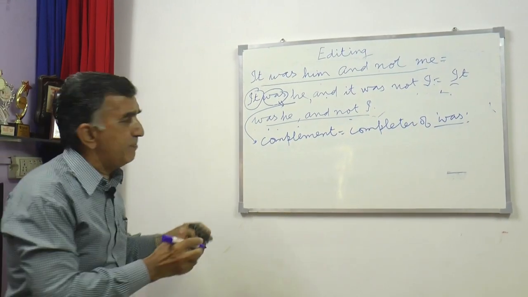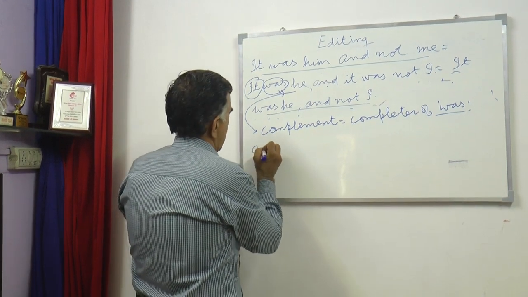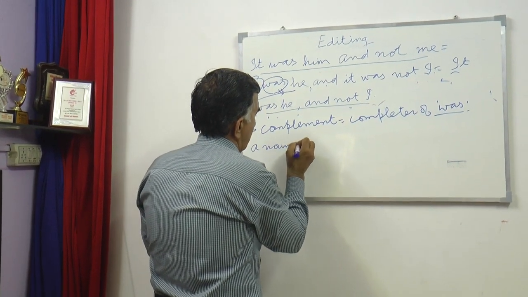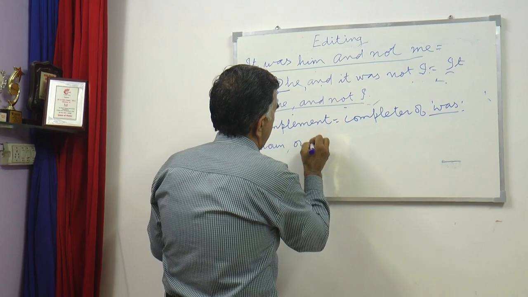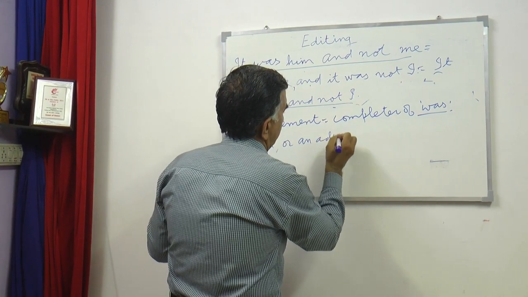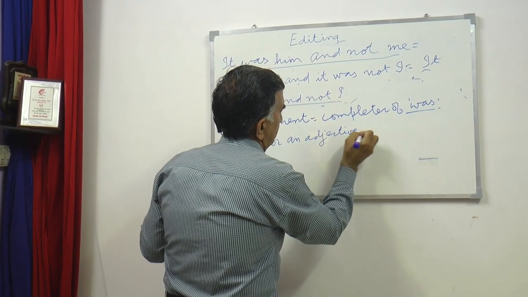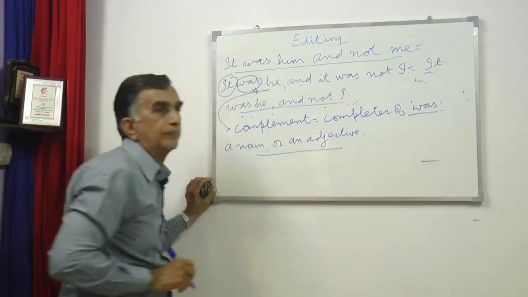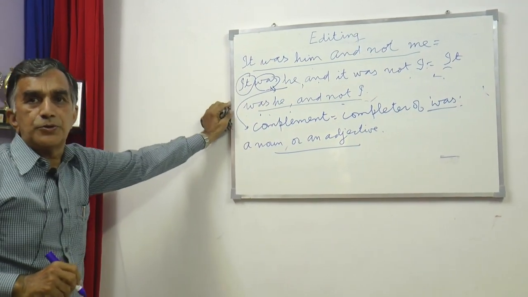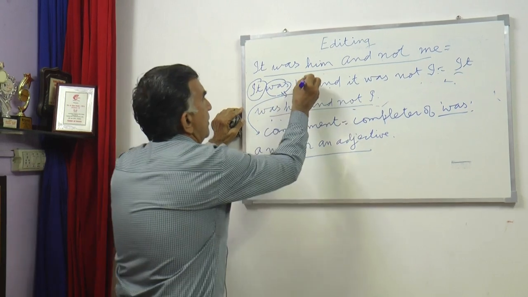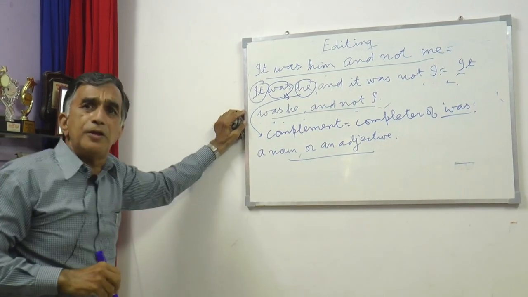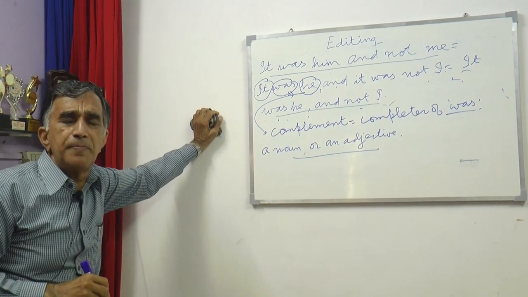When the verb of condition doesn't clarify, we require a complement. And complement can be a noun or an adjective. So here we have a pronoun or noun equivalent as a complement.